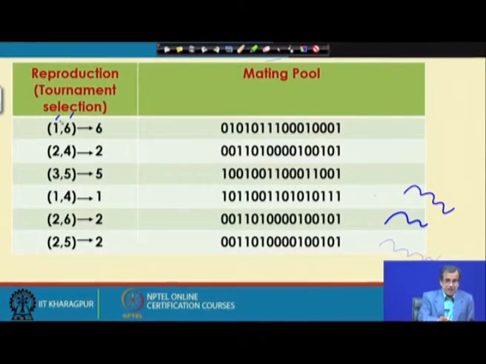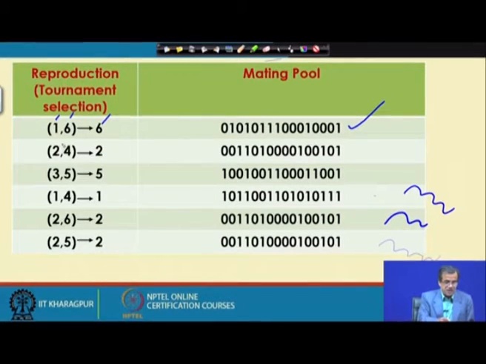If I compare the modified fitness values for the first and the 6th, I get the minimum fitness for the 6th GA string. So, I am going to select the 6th GA string. That means the 6th GA string from the initial population will be directly copied here. Similarly, I go for the second tournament, and once again the tournament size is equal to 2.